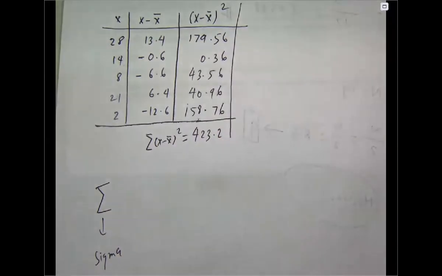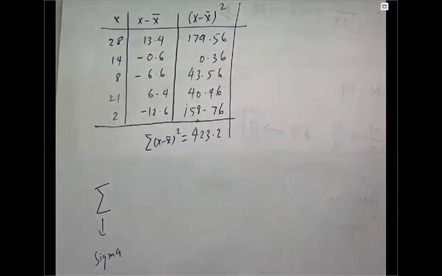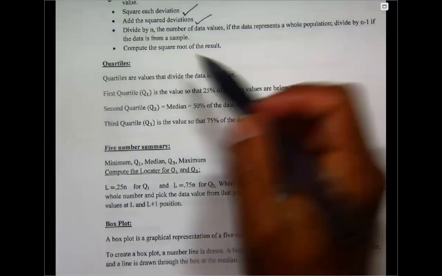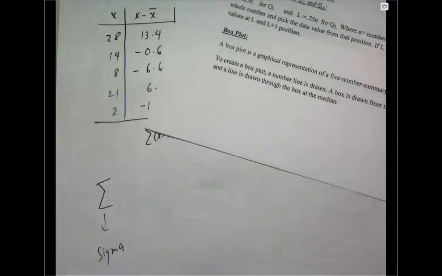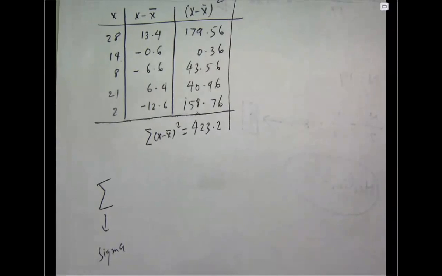That means I'm adding that column of x minus x bar squared. Make sense? That is our step 3. If you check your notes, you can see that. Add the square deviation. Sigma is just a notation for the addition thing.